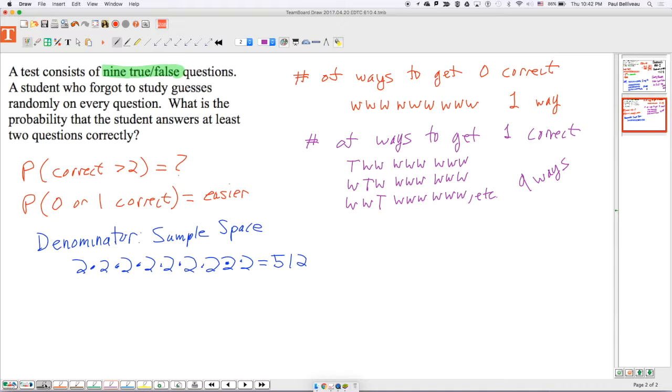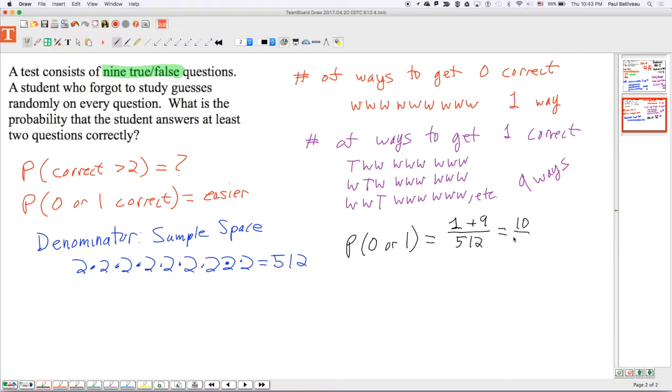So the probability of getting 0 or 1 correct is the 1 way to get all of them wrong, plus the 9 ways to get 1 of them right, divided by the 512 ways there are to fill out a true-false test with 9 questions on it.